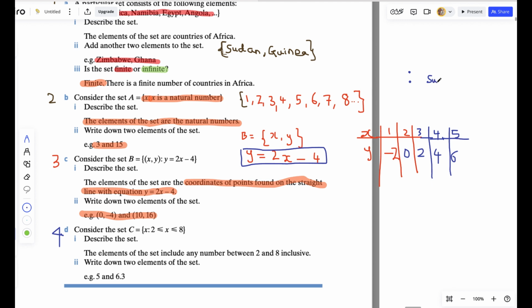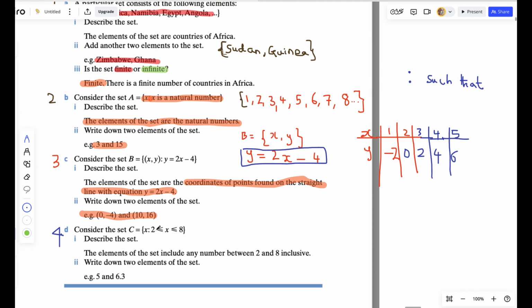In English it means colon, but in math or in sets, it means such that.